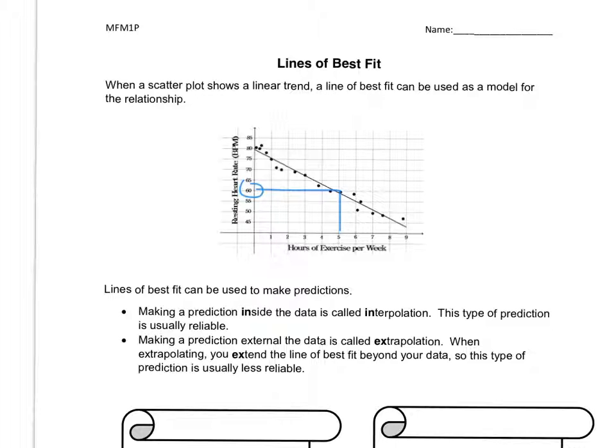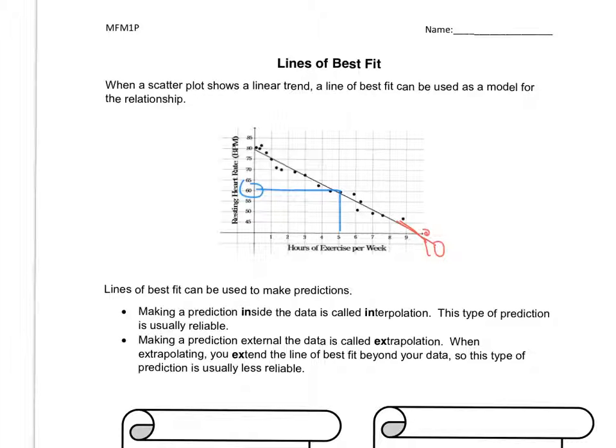The second type of prediction is extrapolation. And this would happen if I wanted to make a prediction that's outside the data collected. So for instance, if I wanted to find the resting heart rate for 10 hours of exercise per week. This is extrapolation because I would have to extend the line to see what the resting heart rate would be for 10 hours of exercise per week.